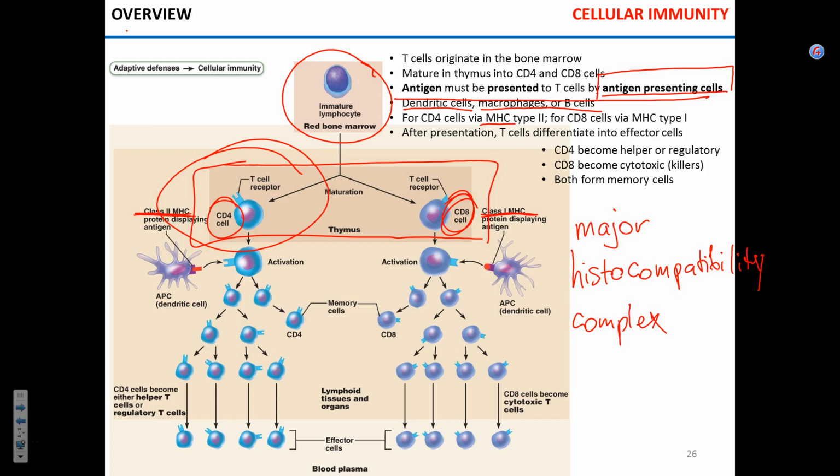Does that make sense? So CD4 cells recognize MHC type 2, CD8 recognize MHC type 1. This is called MHC restriction.